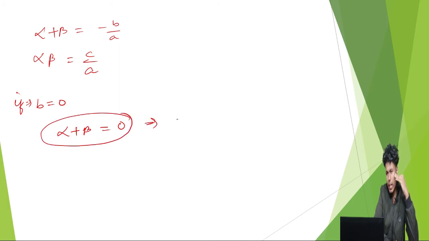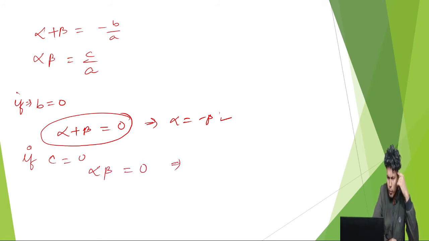Or we can say alpha is equal to minus beta. If c is equal to 0, then alpha into beta will be 0. For the product of two numbers equal to 0, one of the numbers will be 0. So either alpha will be 0, or beta will be 0.